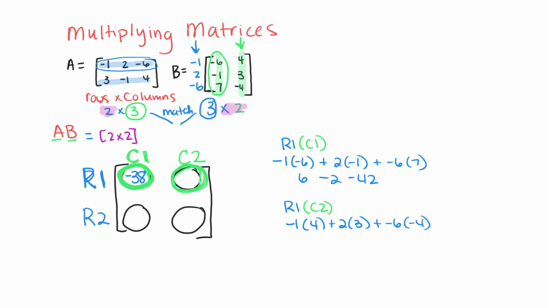When I add all those up, that would be -4 plus 6 plus 24. So that's going to be 26. And that's going to go in this spot right here.